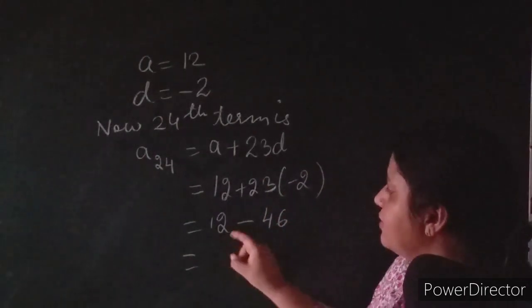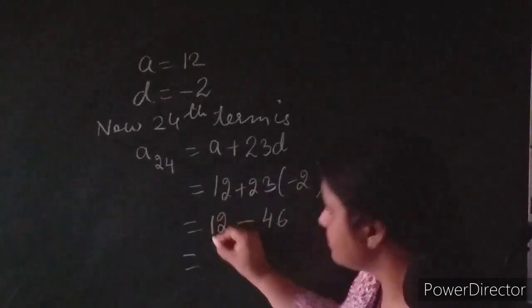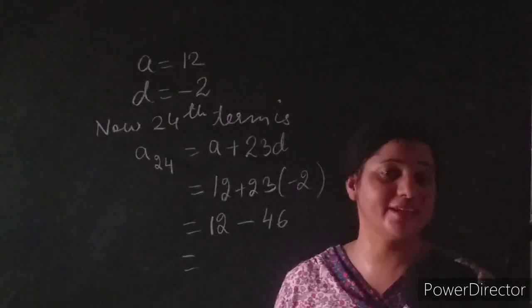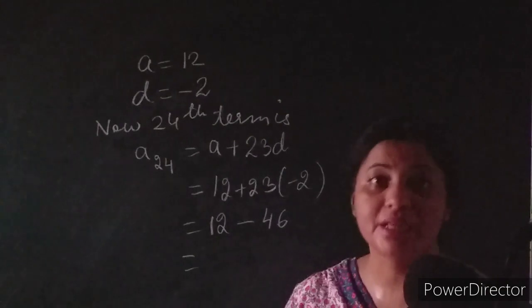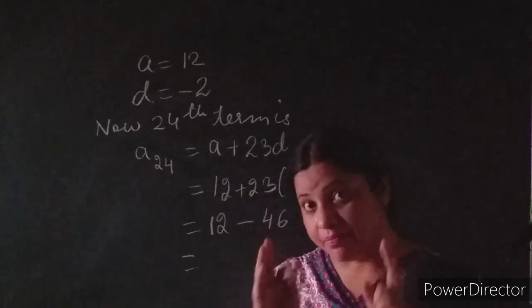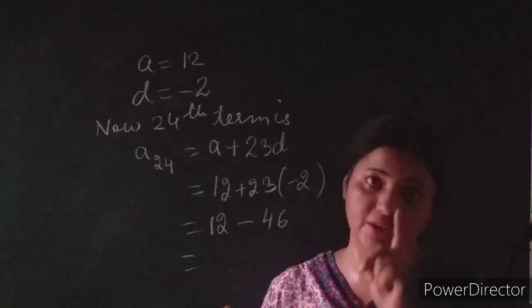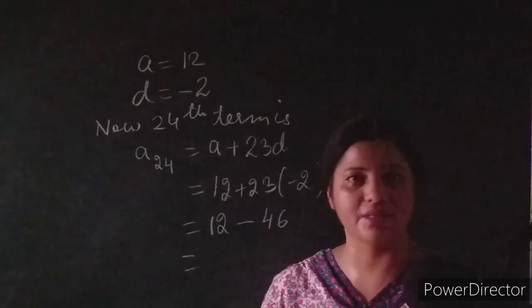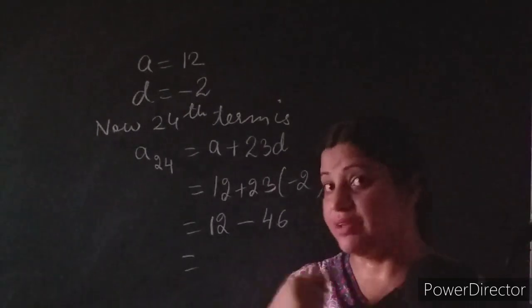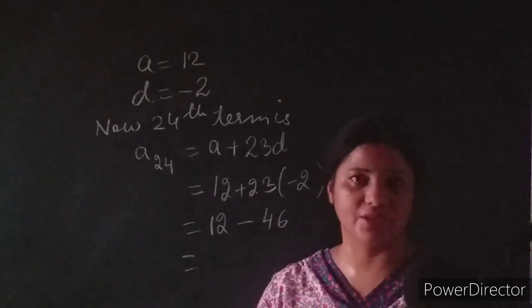Again, please make sure you take care of this minus sign. Every time I remind you, please treat this minus sign as a very important thing in your life while doing mathematics, because this is going to give you marks, or deduct your marks.